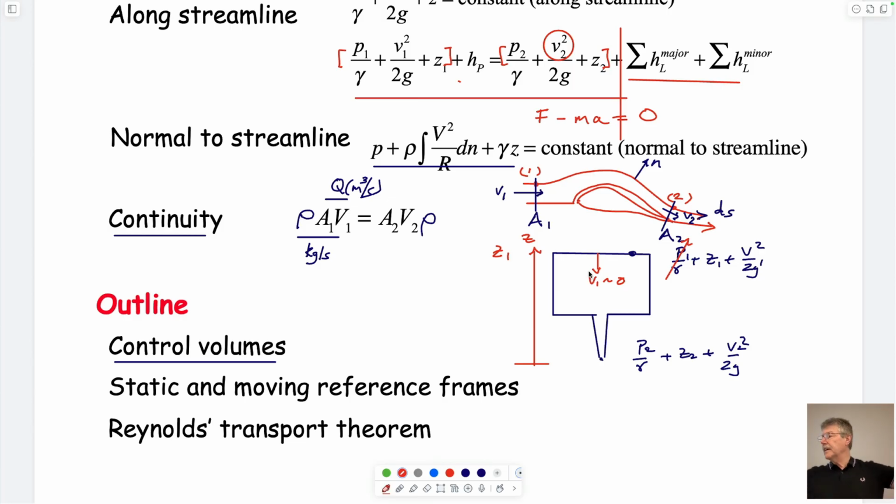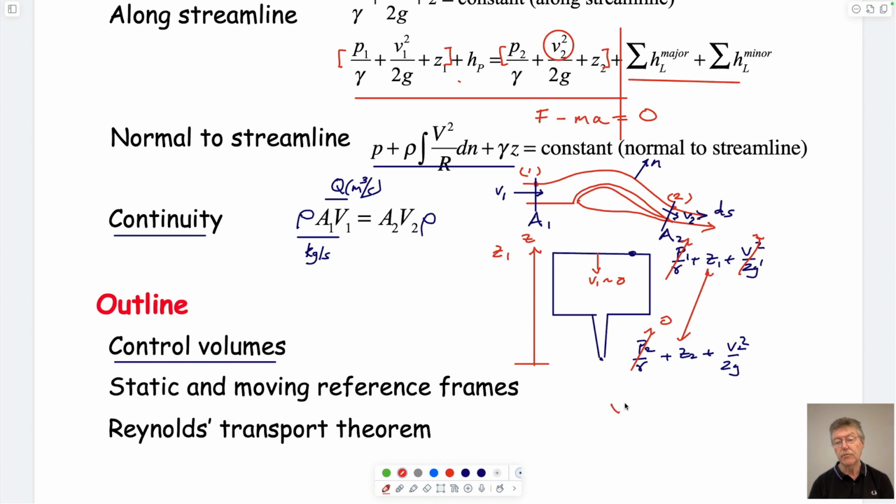The bigger the tank, the smaller the amount of water going out, so the drawdown of the tank you can think of as very slow, even though we're thinking of it as steady state. So V1 is zero, pressure coming out is equal to zero, elevation here is just the difference between these two, and V2 is not zero.